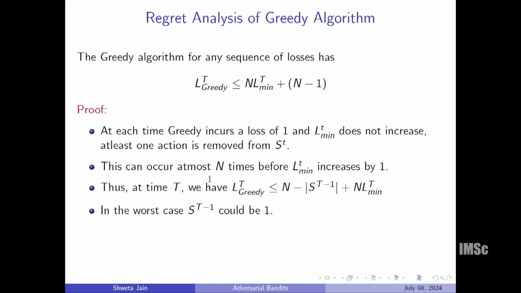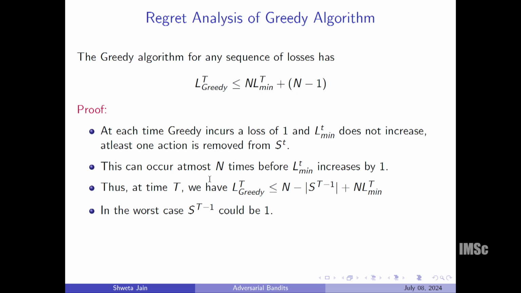Basically, what you are saying is, at each time imagine the greedy algorithm has incurred a loss of 1. And if you are incurring a regret at that time, that means LT-min is not increasing. What does it mean? If you are incurring a loss of 1 and LT-min is not increasing, that means you are basically pulling a suboptimal arm.